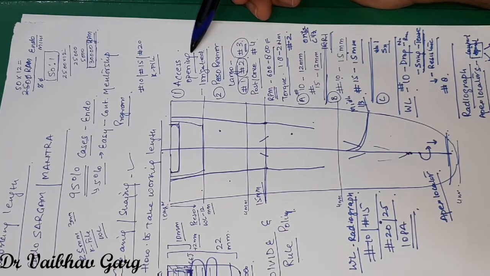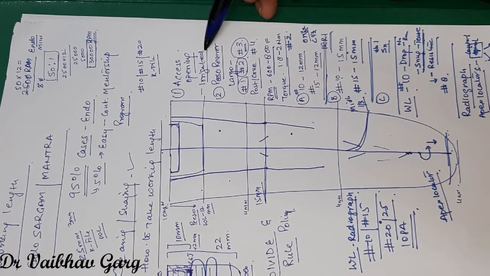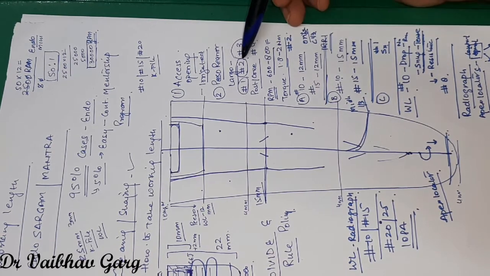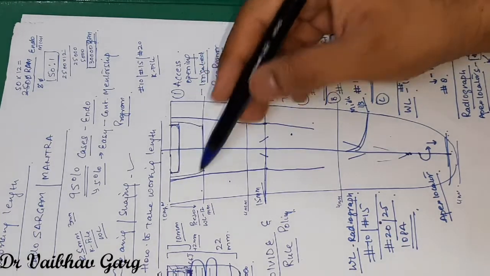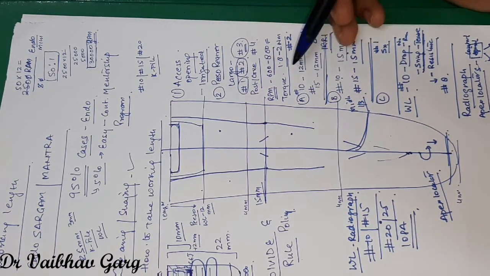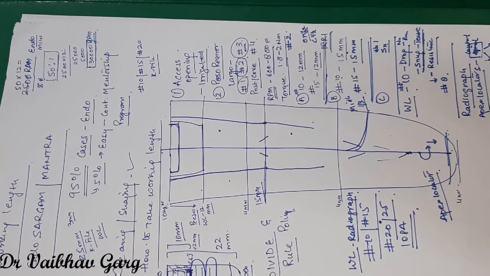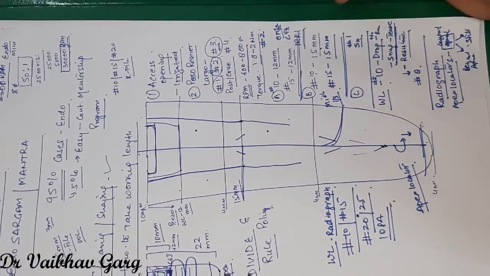We have to do access opening. We are all aware about it. Irrigate it properly with saline. Use a Piezo number 2 or number 1 according to the size of the case, or number 3 according to the bigger teeth, at a particular RPM of 600 to 800, torque is 1.8. You need more torque because you need to remove a lot of dentine.